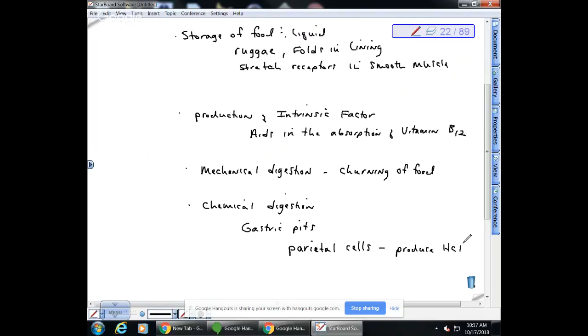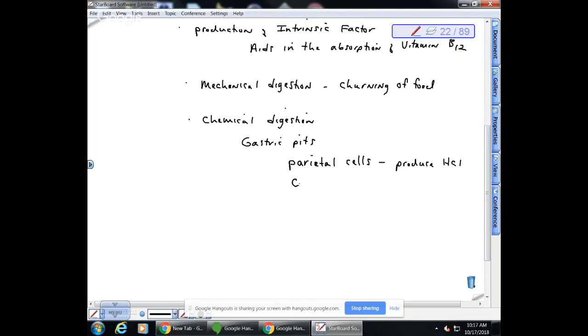So hydrochloric acid is super acidic, and this is the mechanism for protecting against bad things that you take into your body, right? The other types of cells are called the chief cells, and they produce or secrete an inactive enzyme called pepsinogen.